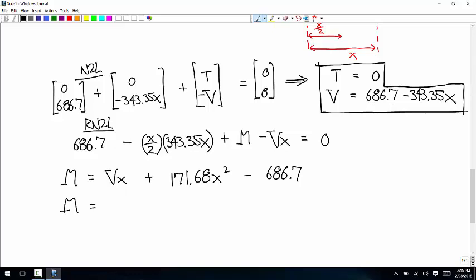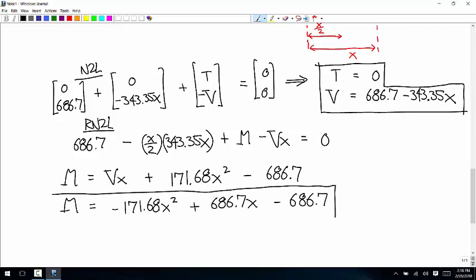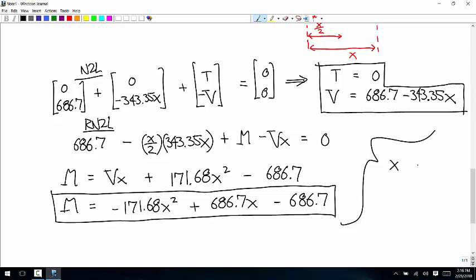With the x squared term, we get a cancellation, and we get negative 171.68x squared plus 686.7x minus 686.7. And this function is valid over the whole beam, so on the whole interval from 0 to 2.